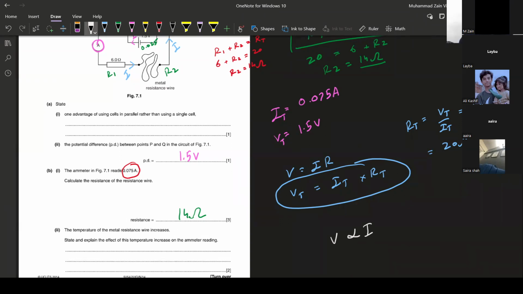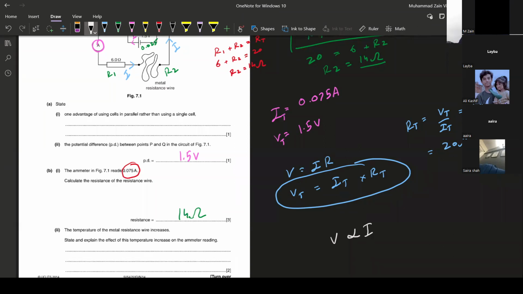What we know is that when the temperature of a metal wire increases, its resistance increases because the metal ions start moving more vigorously because of the increased energy, and now they start opposing the flow of electrons more than they were opposing before.